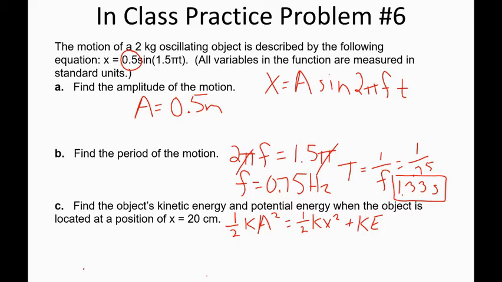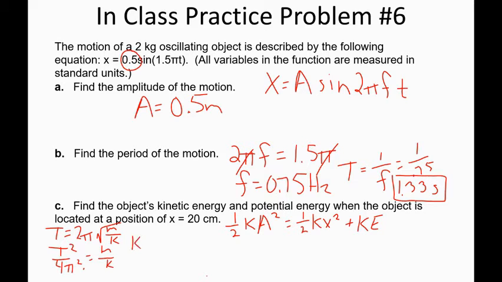We need to look at, we know the period. Period equals 2 pi square root m over k. Okay, and so we know that our period squared divided by 4 pi squared is equal to m over k.